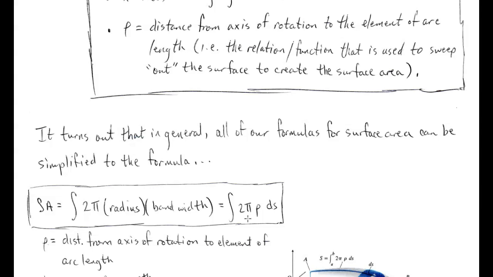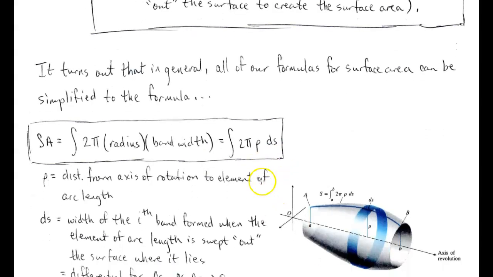Or if you can figure out what rho is going to be, which is the distance from the axis of rotation to the element of the arc, kind of like the radius, and you can find out the differential ds, and I'm going to describe what that actually is, then we could rewrite this formula this way, okay?